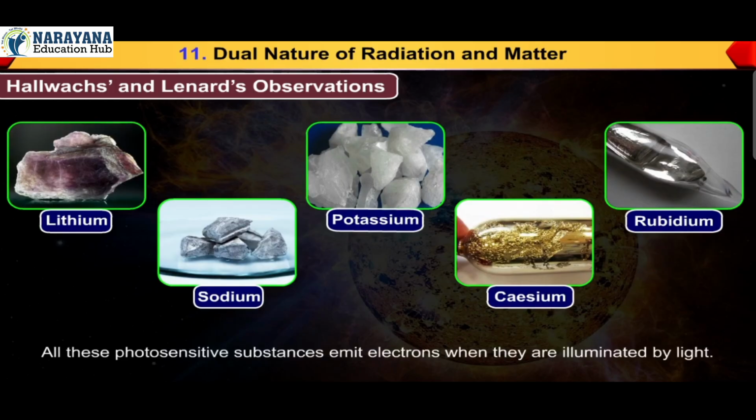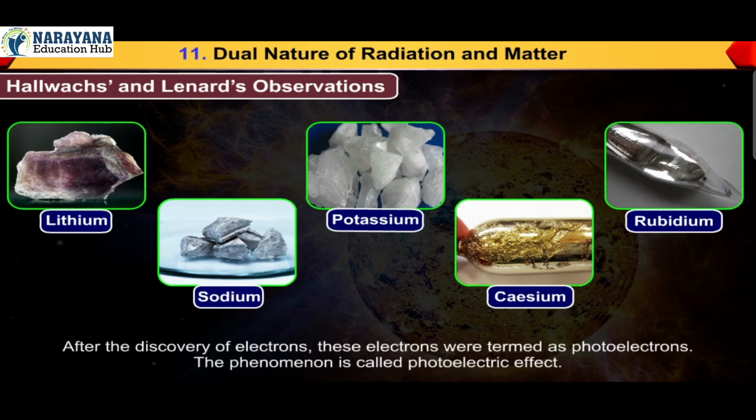All these photosensitive substances emit electrons when they are illuminated by light. After the discovery of electrons, these electrons were termed as photoelectrons. The phenomenon is called photoelectric effect.